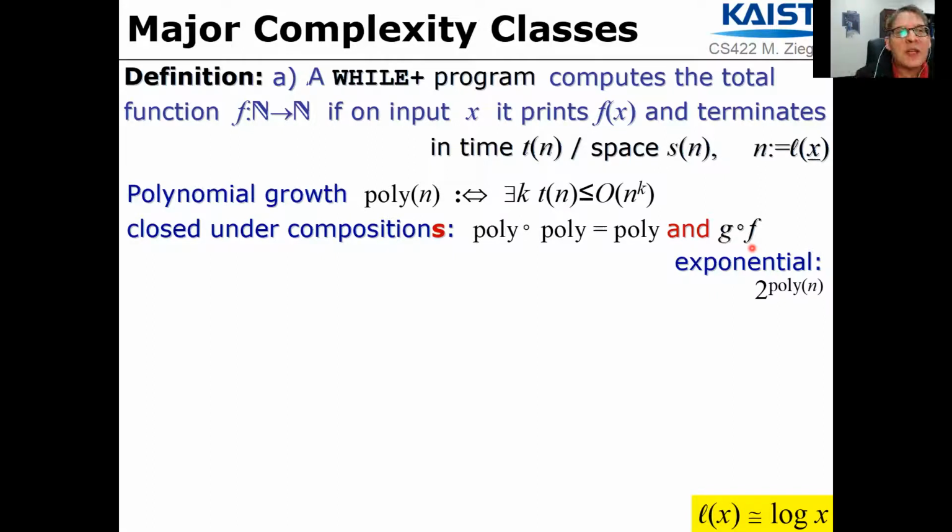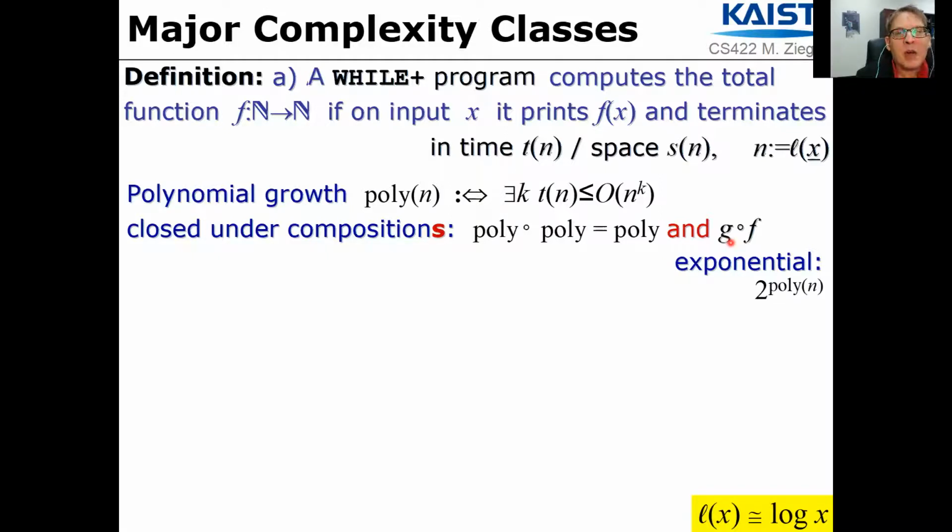And then when feeding that y into the next computation of the function g, that means that the running time of g is, by hypothesis, again polynomial, but now polynomial in the binary length of y, not in the binary length of x, the first argument.